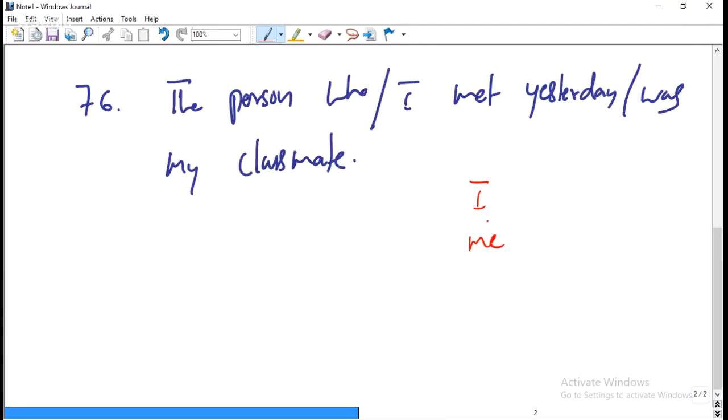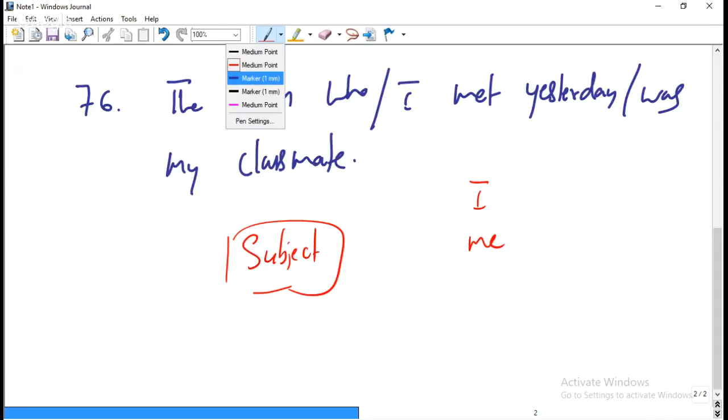Before going to the subjective case and objective case, what is the definition of a word called subject? A subject is the thing we are going to talk about in a sentence. What or whom we speak about in a sentence is a subject.